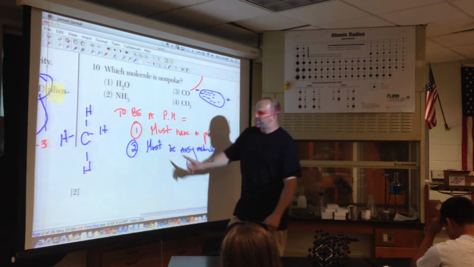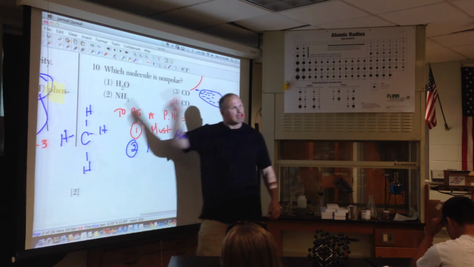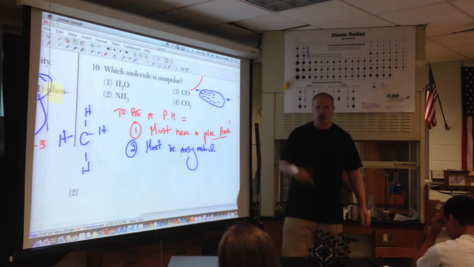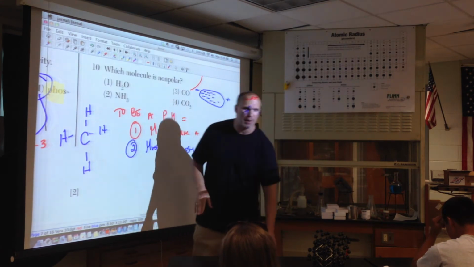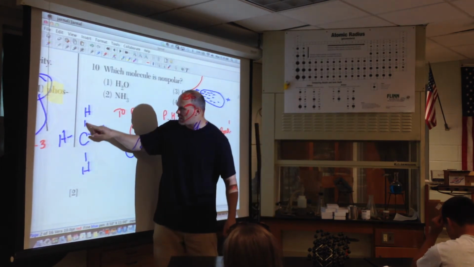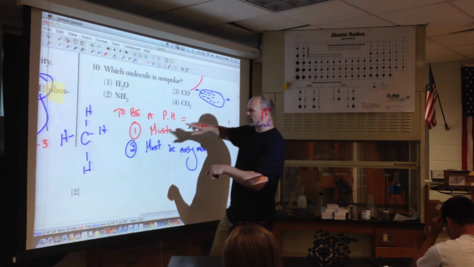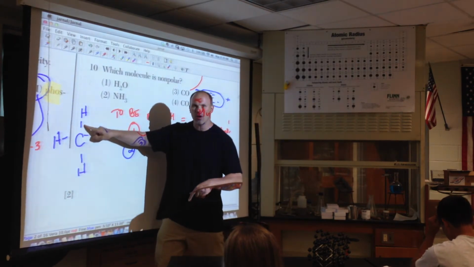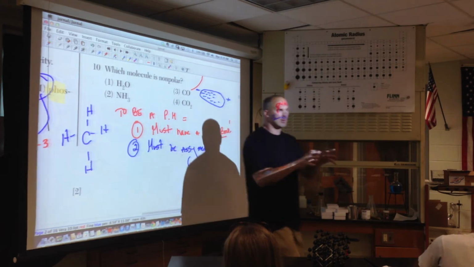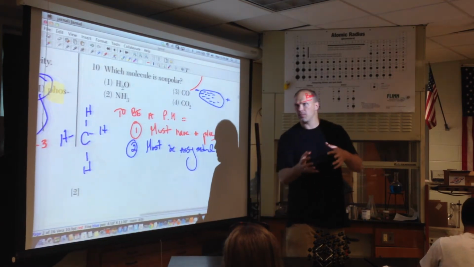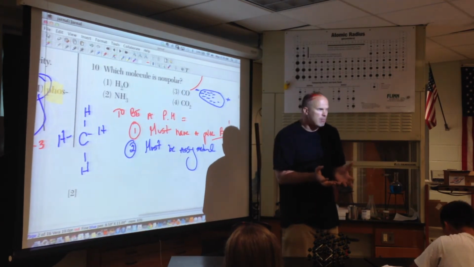Now, because it's the same all the way around, it has symmetry. And what happened? Because it's symmetrical, the 4 polar bonds cancel out. But why? Well, if you have unequal distribution of electrons in this direction, and unequal distribution of electrons in all directions, doesn't your unequalness become the same?